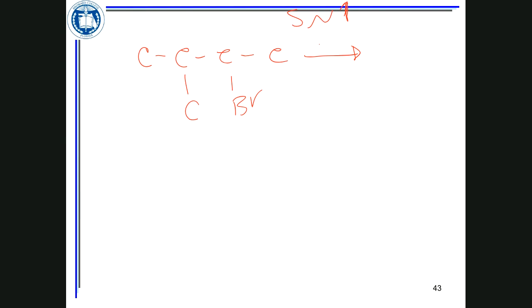So if we have H2O reacting with this compound, first the alkyl halide would change to a carbocation.